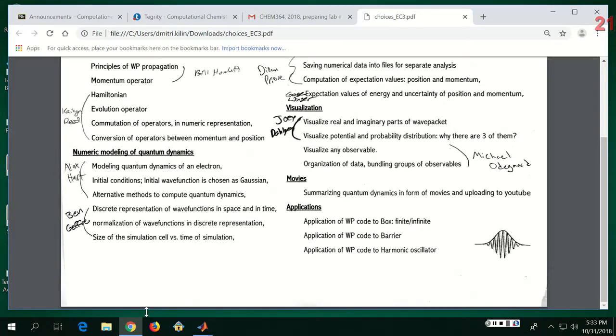Gauge +1. So, if the distribution is very narrow, position is certain. If it is distributed, it's uncertain. So the value of this variance is a measure of uncertainty. Uncertainty of position. Right?